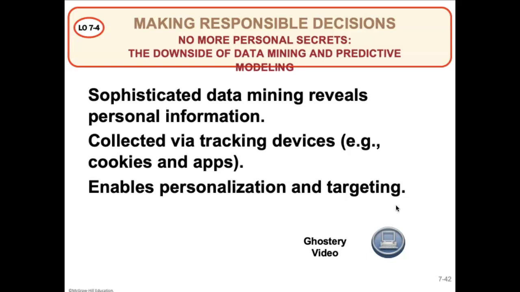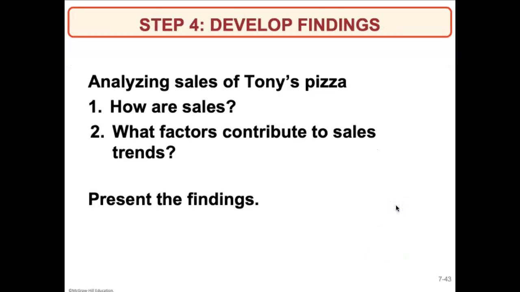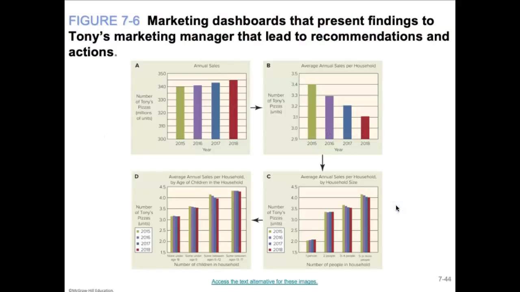And there's a lot of information and data collected via cookies and apps. So again, some of this gets into privacy issues as well. An example of marketing dashboards that can be used by marketing managers to present findings that are specific for the marketing manager of the business. Depends on what data is important to that manager.